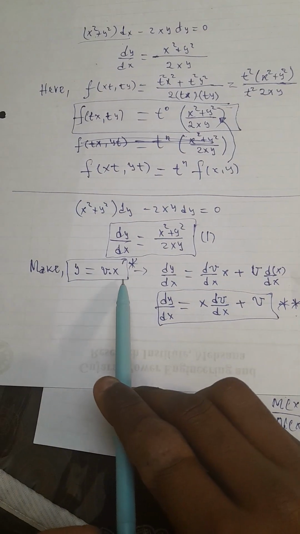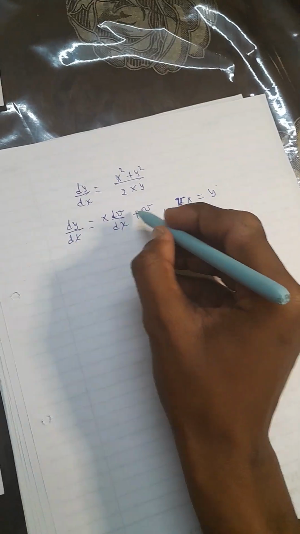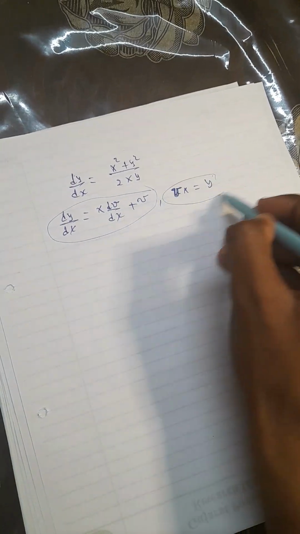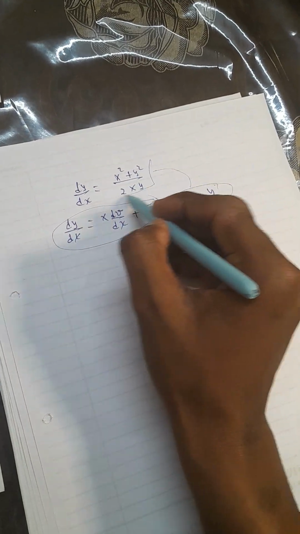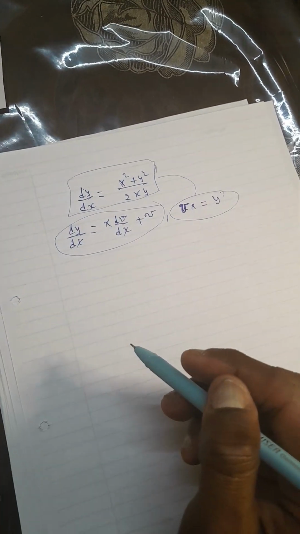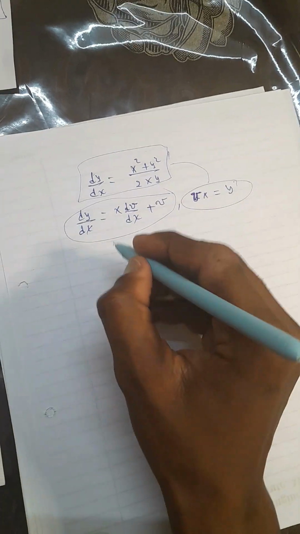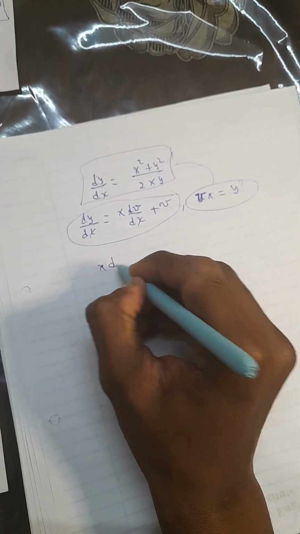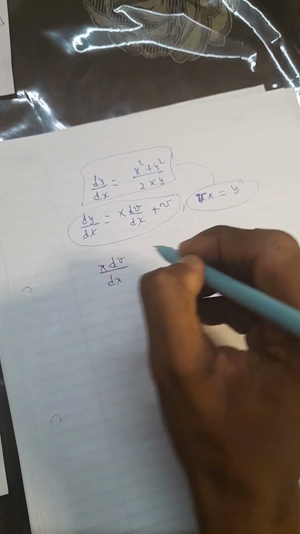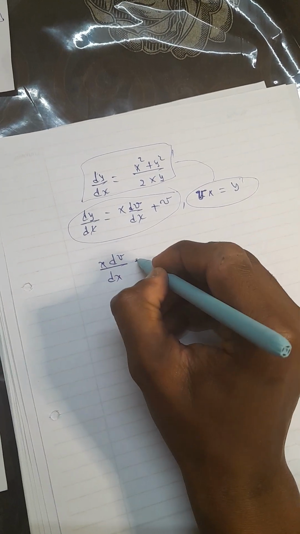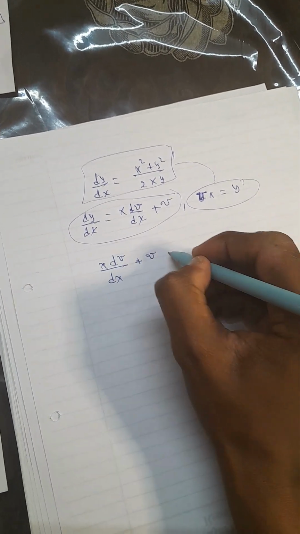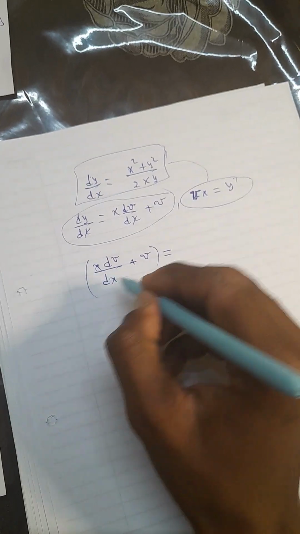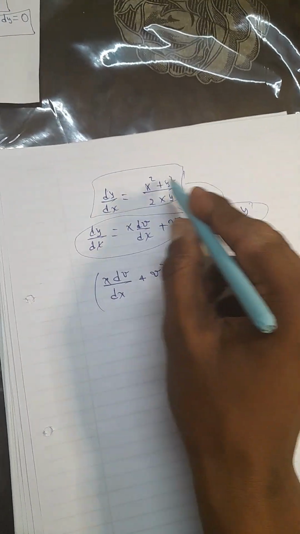If I substitute double star in 1, we just substitute this expression and this expression in the main expression. So you are going to have x dv/dx plus v equal to this expression.